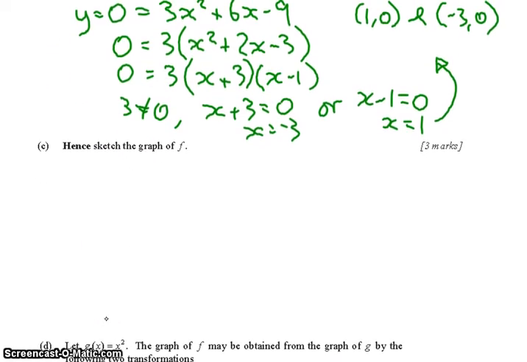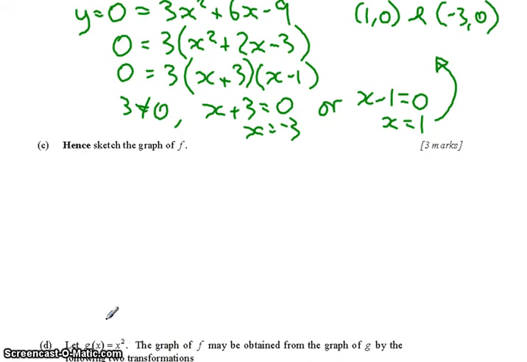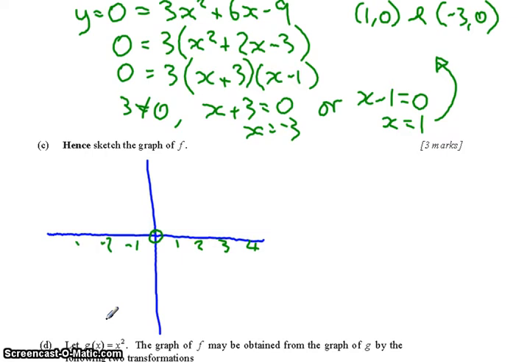Hence, sketch the graph of f. Well, here are our axes, 0, 1, 2, 3, 4, minus 1, minus 2, minus 3, minus 4, go down in 2s.